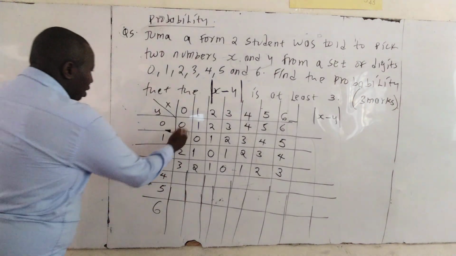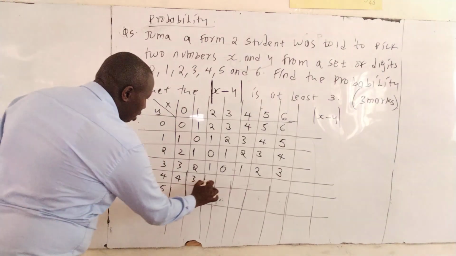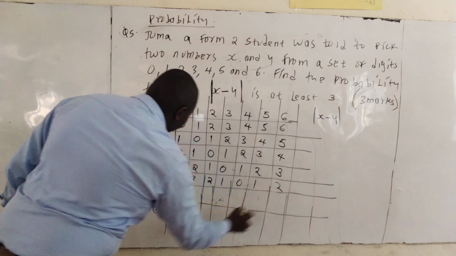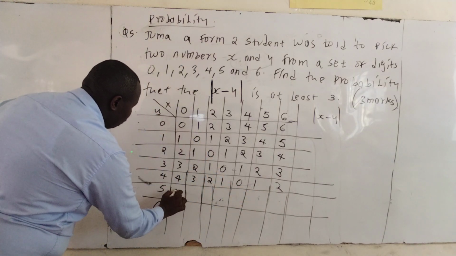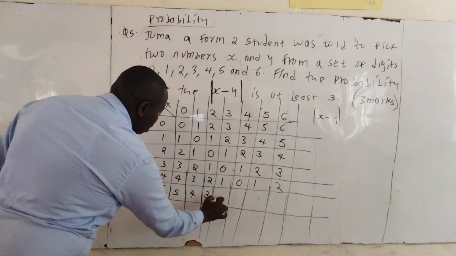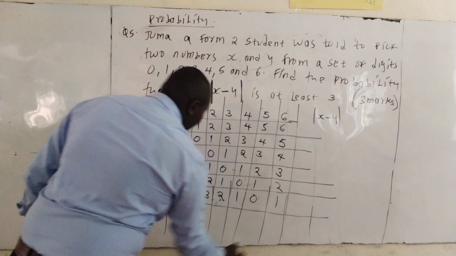So 0 minus 4, write 4. Then 3, 2, 1, 0, 1, and 2. Next 5, 4, 3, 2, 1, 0, and 1.